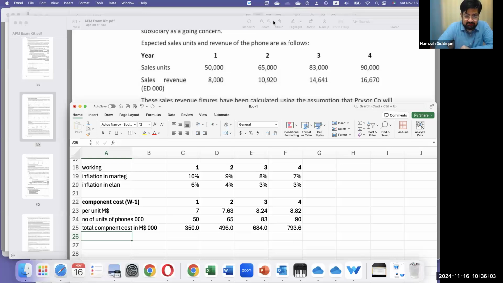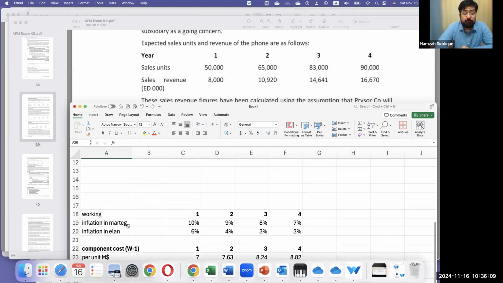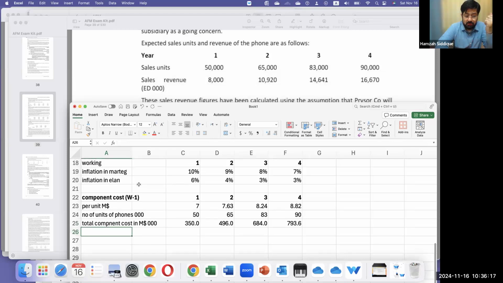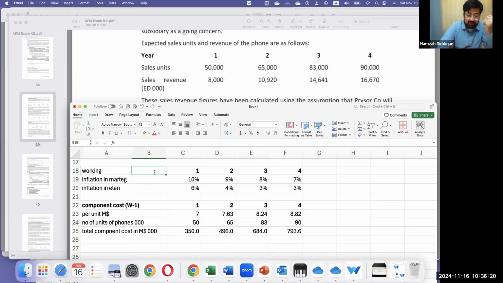The next point is, now this has to be charged to the product in ED. So exchange rate we need to calculate.